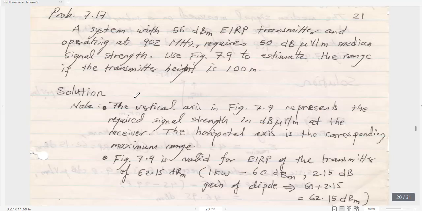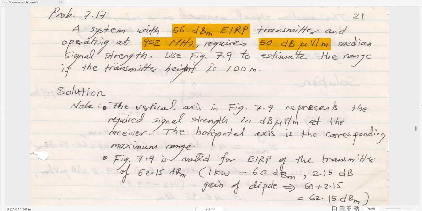Problem here, example. A system with 56 dB EIRP. This is the transmitter, because the EIRP is P transmitter plus G transmitter in dB, and operating at a frequency of 902 megahertz, requires 50 dB microvolt per meter electric field.